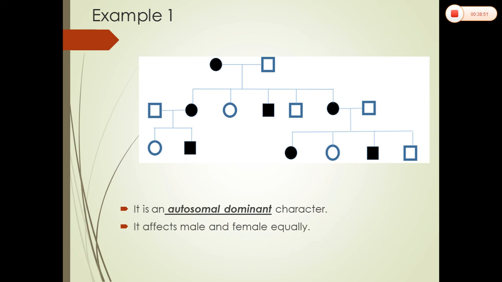Here 1 son is normal, which means definitely it is not a sex linked trait. So it is an autosomal dominant trait. The gene expresses itself in every generation. This is an example of an autosomal dominant trait.